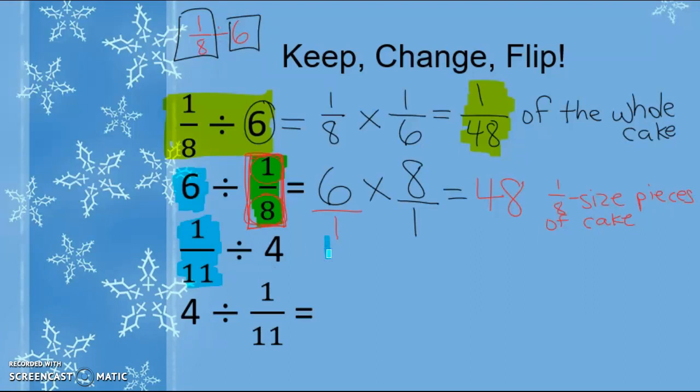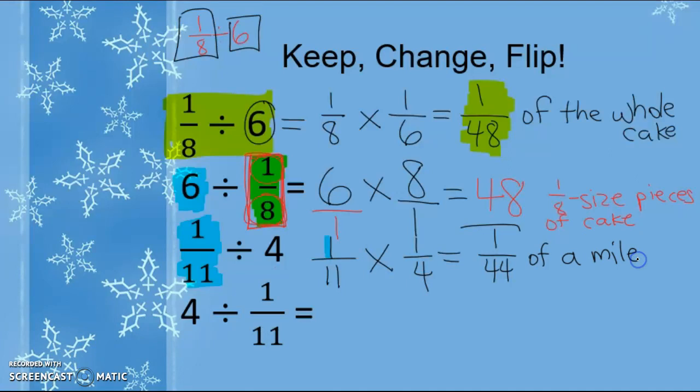Well, we will keep the 1/11, change the sign to multiplication, flip that 4, and now we will say, oh, okay, Stephen will run 1/44 of a mile each day. And we could say each of 4 days.